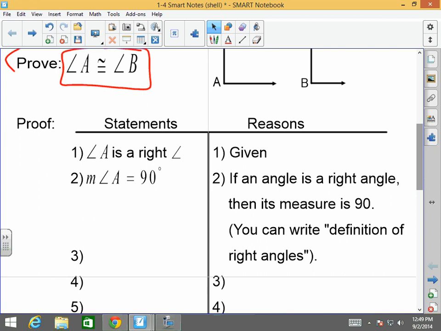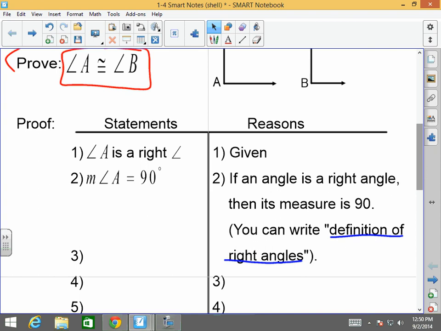So you can write definition of right angles. Because already everyone in this class hopefully knows the definition of a right angle means that it's 90 degrees. So you don't have to write every time, if an angle is a right angle, then it measures 90. If you like that, awesome, cool, go for it. But you can write, in this particular case, definition of a right angle.